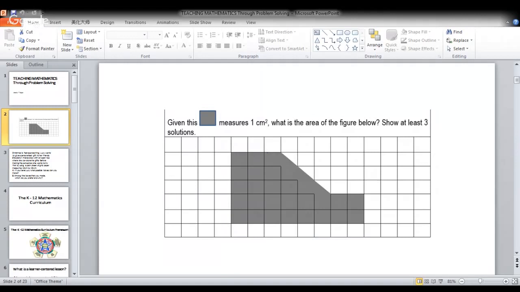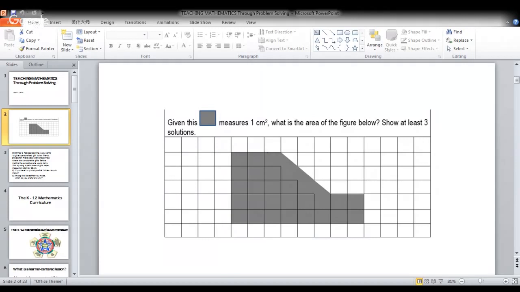Instead, Mark cut the figure into a rectangle plus a triangle. Okay? So therefore, in this problem, it has one unique answer, which is 29.5 square centimeters, but it has a lot of solutions for this problem.